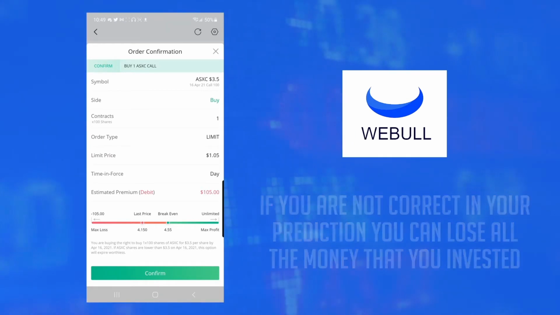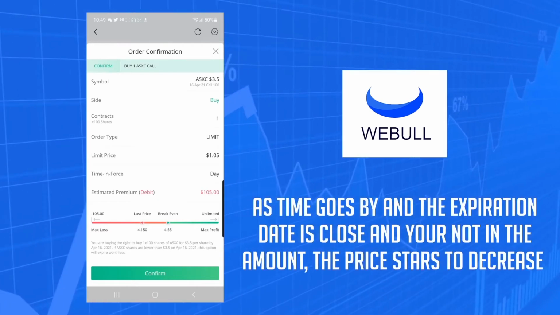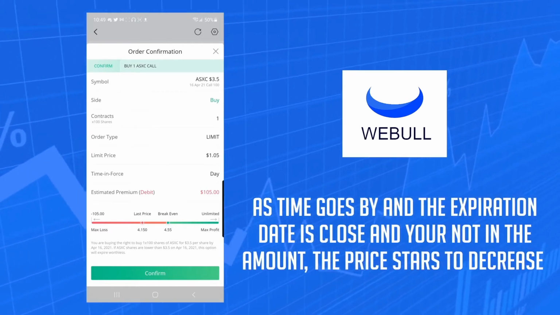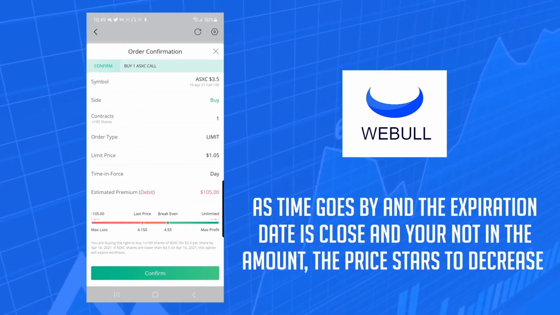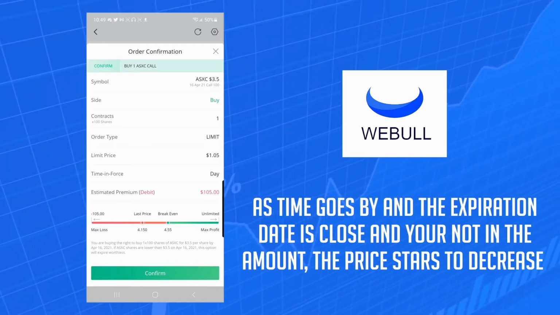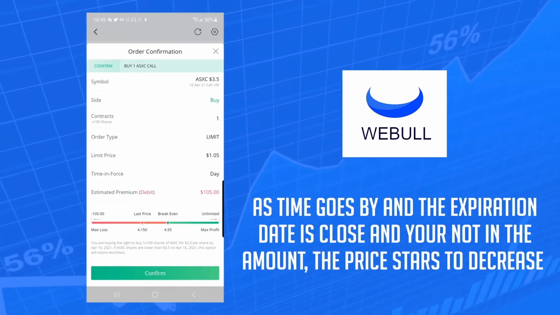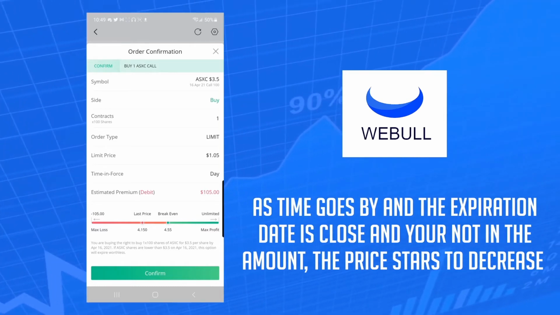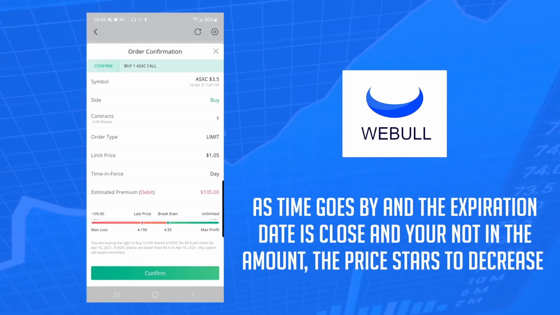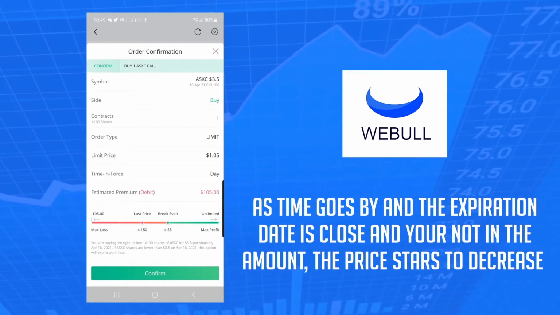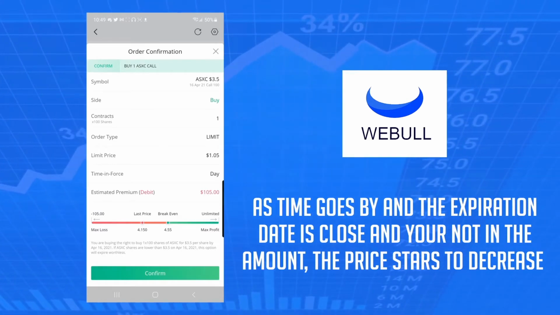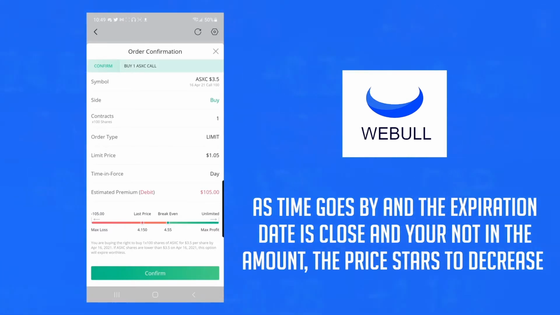Thus I can lose that money completely if I'm not correct on my prediction, because as time goes by and it gets closer to expiration, if I'm not in the money, I'm not correct on my prediction, this price will start to decrease. Each day when the market opens, depending on the direction of where the stock is going, if it's going down, it's going to decrease.